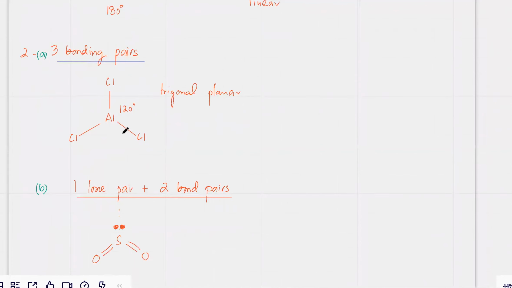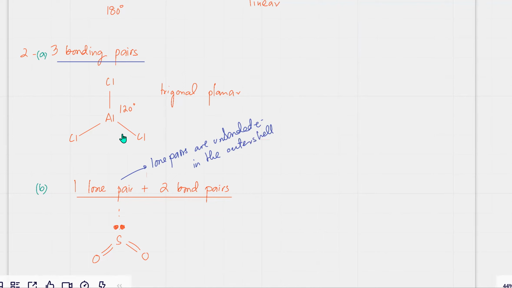So a lone pair is the unbonded electrons in the outer shell. Not all electrons are involved in bonding.